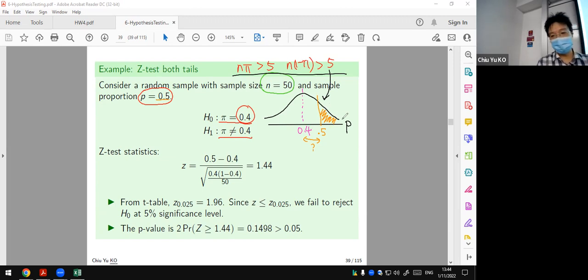Because you assume H null is true. It will also end up in this area, even if it's true, right? Because the data you collect also ends up here, right? So how much can we say the sampling error is small enough to reflect that it's actually not 0.4. Is that clear what we are doing? Okay? Is that clear why we compare to alpha, right? It's because even if H null is true, it will still end up at 0.5 or more, but we would only allow our alpha, right? It's the tolerance level, right?